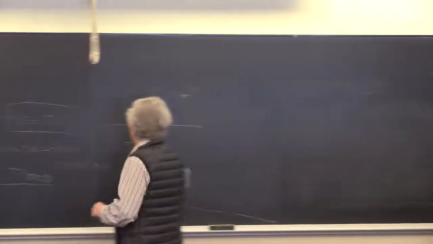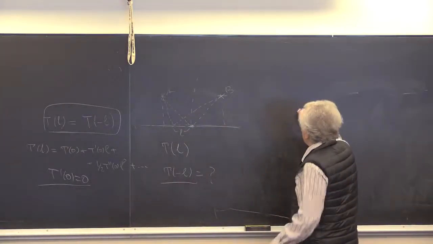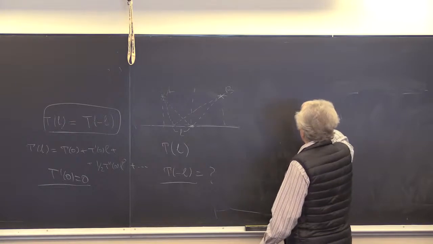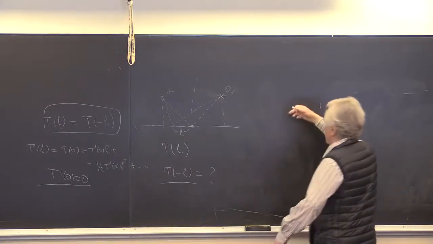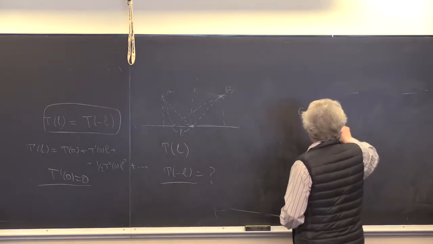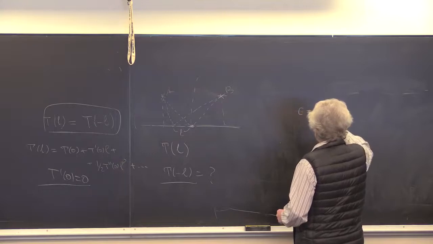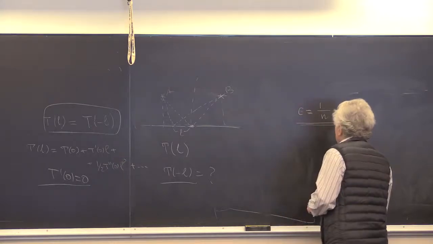If we have some refraction index, the speed of light in the vacuum is 1, and we have the formula like that.